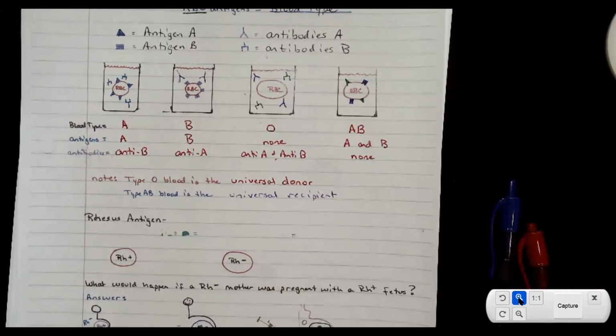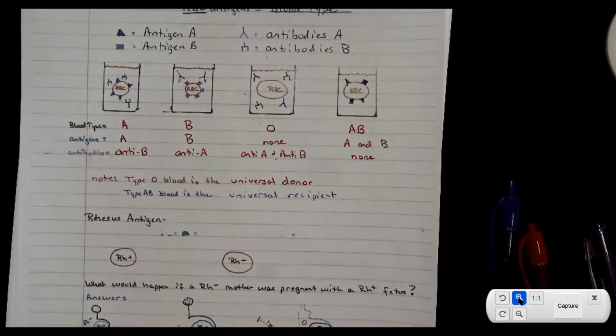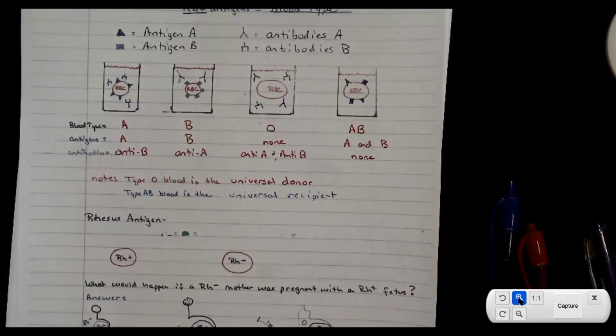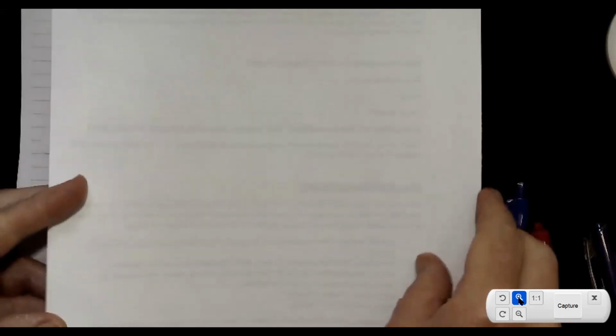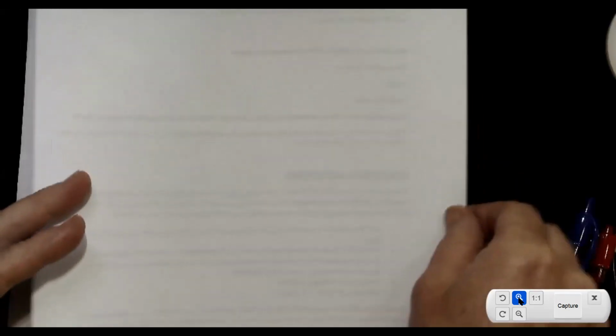Now let's think about donating blood. I'm going to have to go back to scratch paper to show you and explain this. So I've got some scratch paper here. Now, who can give blood to whom?